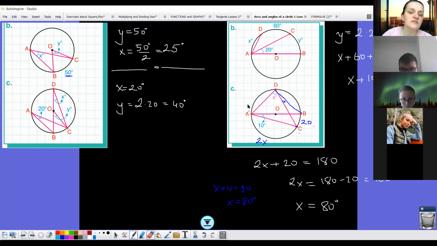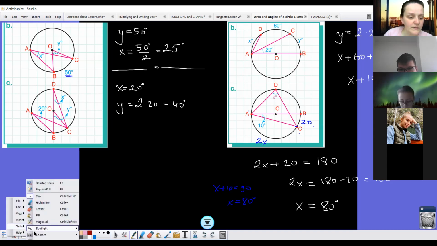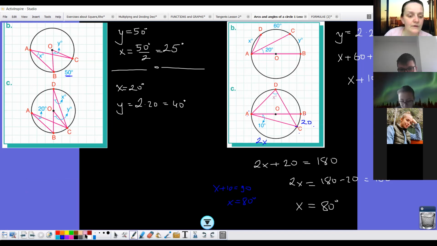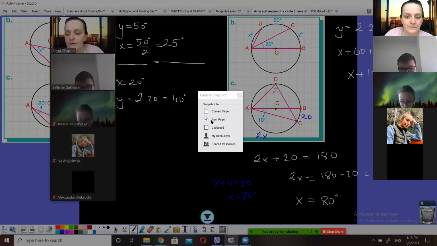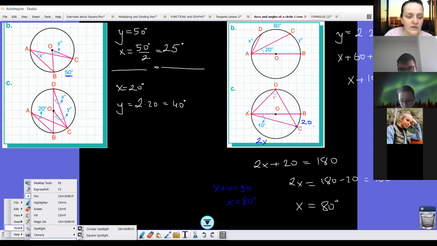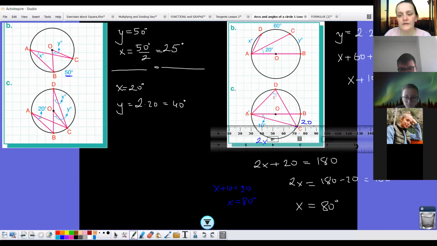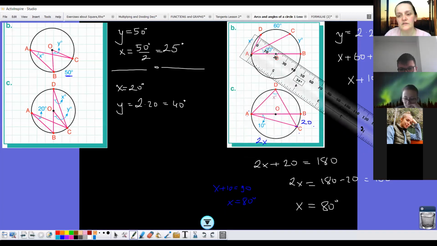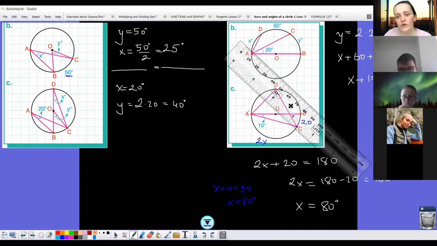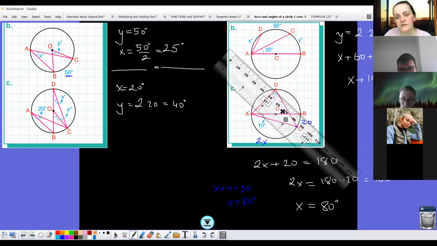Also, Salman's way is easier if you see it directly. You can do that one too. You will form a right angle here in the semicircle. We know it from the properties.